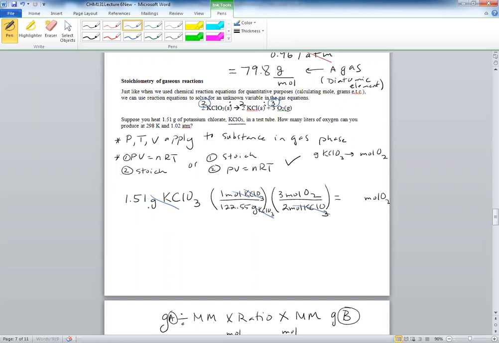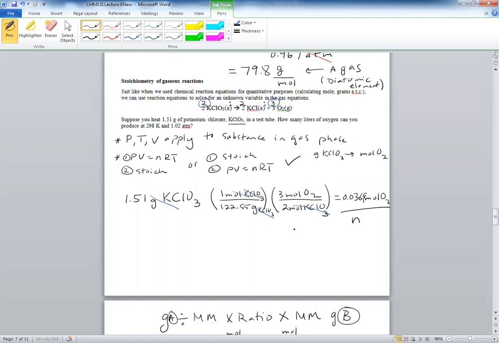So it goes 1.51 times 3 divided by 122.55. If we calculate this, that gives us 0.0369. Now we have the moles of O2, which is n.